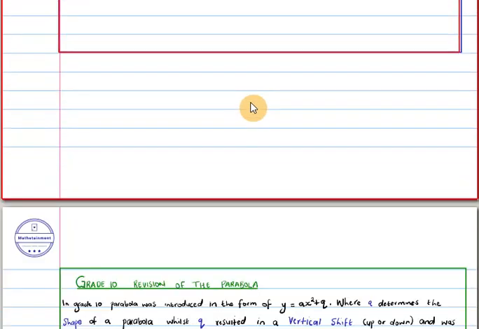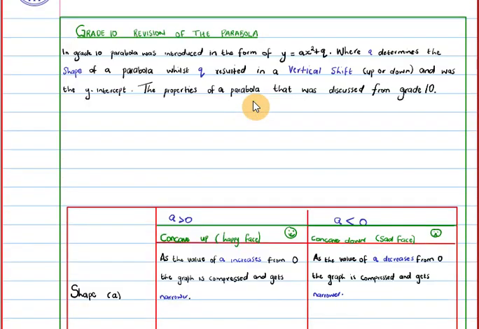Okay, moving forward. Now we'll be specific with the revision. We're revising the parabolic function. In grade 10, parabola was introduced in this form, where A determines the shape of the parabola and Q results in a vertical shift.